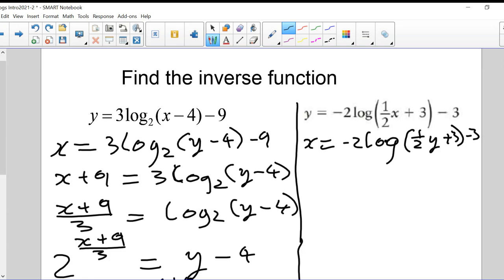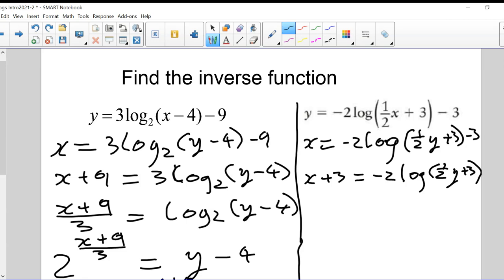Add the 3. Okay, we'll do that. So x plus 3 is equal to the minus 2 log of 1/2 y plus 3. Okay, so I've done that. Thanks, Karis. Thanks, Isaac. Thanks, Joel.